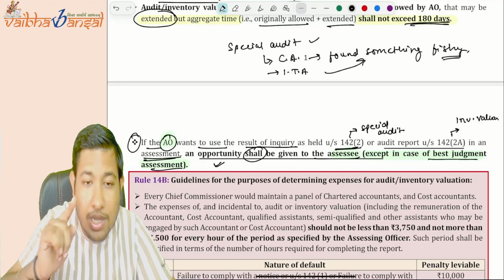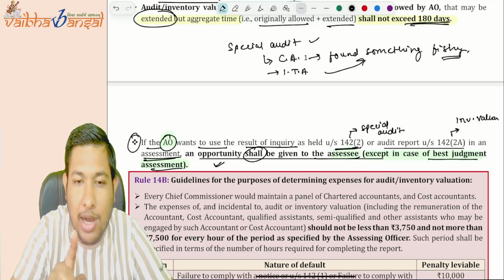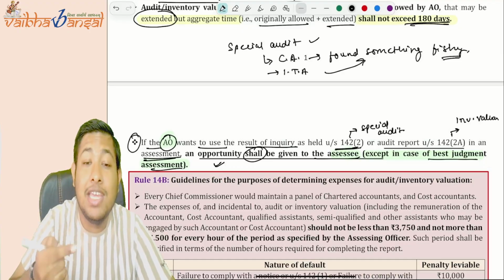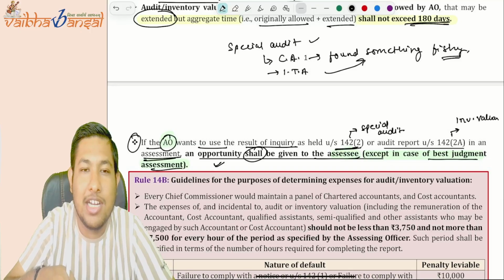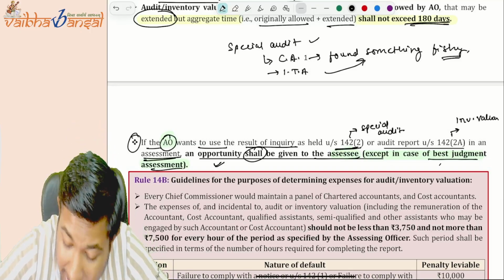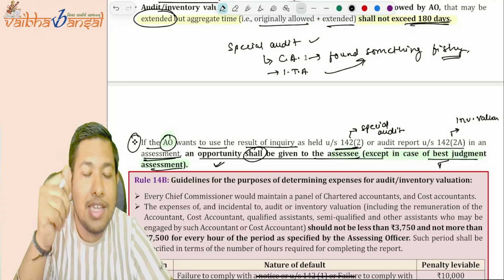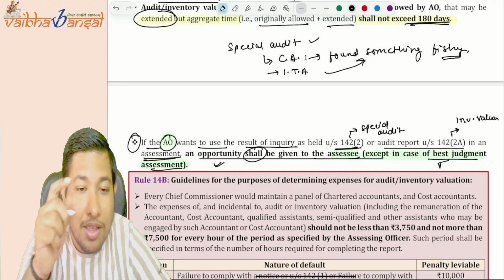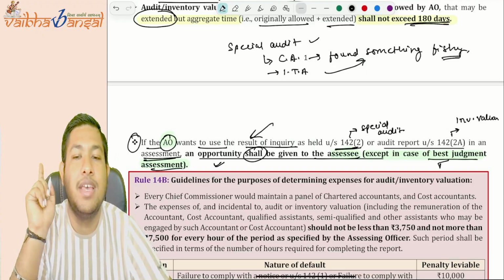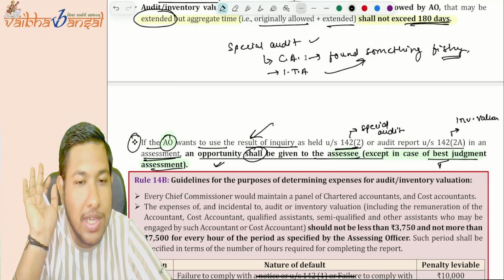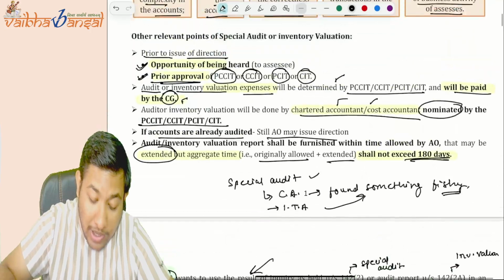The AO is not required to give the opportunity to the assessee when he is using the special audit work done by the chartered accountant in the case of best judgment assessment. When using the result of inquiry in a best judgment assessment, he need not give the opportunity of being heard. It is an exception.